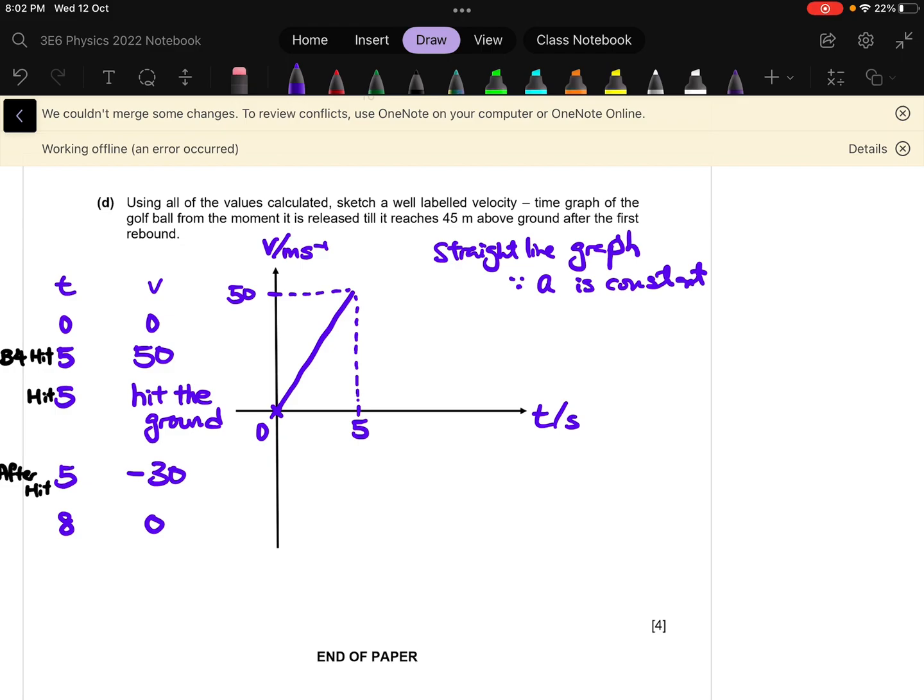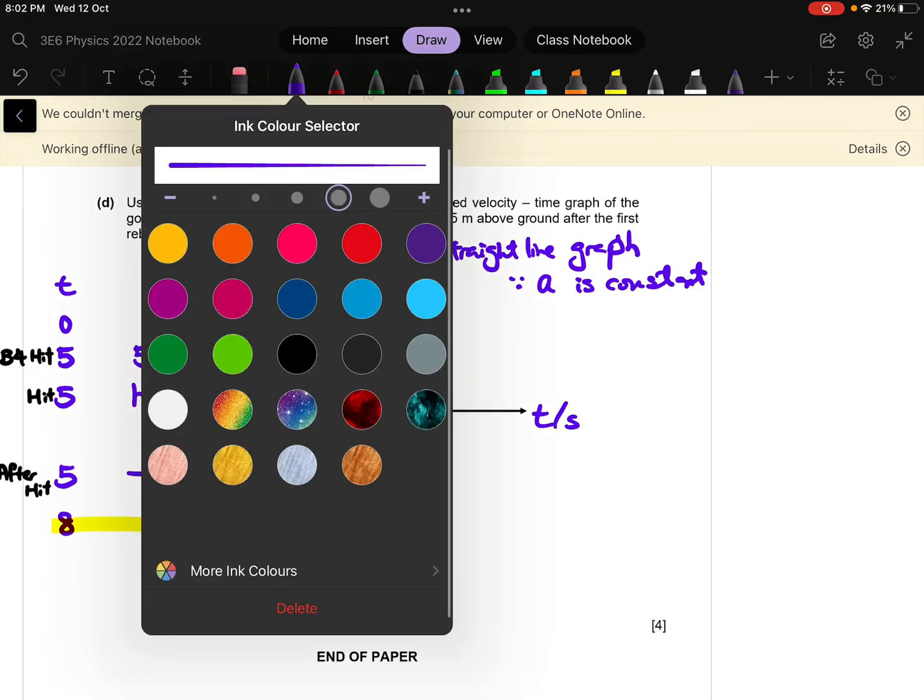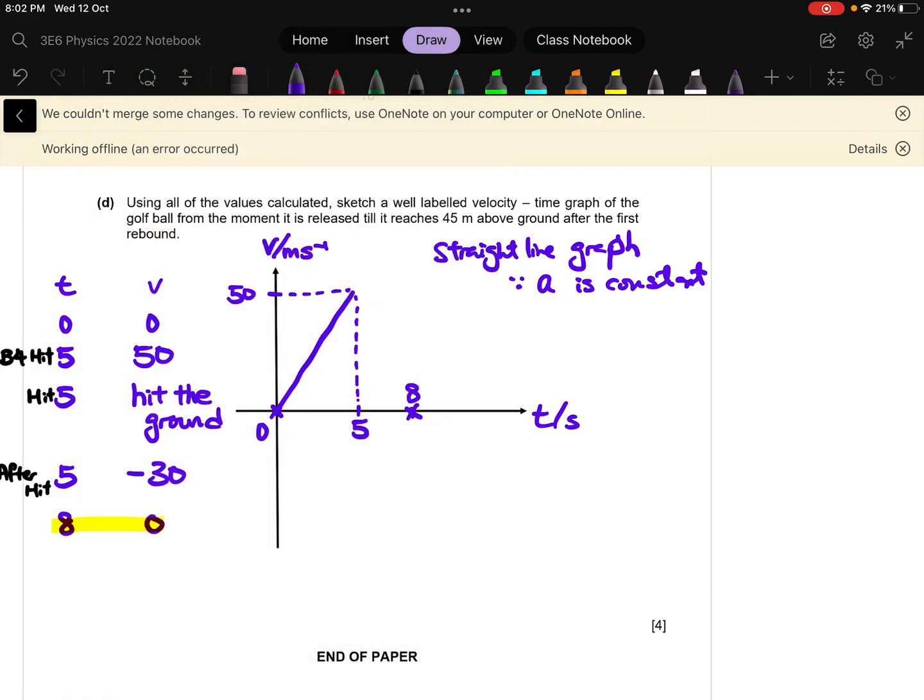So if acceleration is constant, then at t equals to 8, maybe here, I'm going to rest here. So if acceleration is constant, meaning that I must keep my gradient constant, right? So I'm going to take a ruler, and I'm going to use this line as my reference to draw this. So I'm going to draw this.